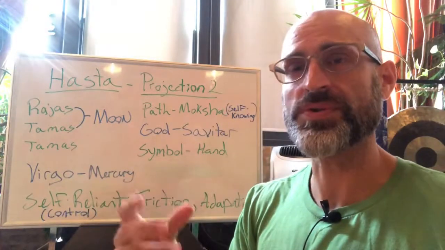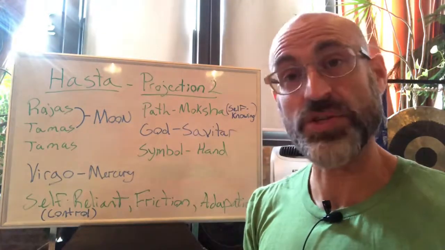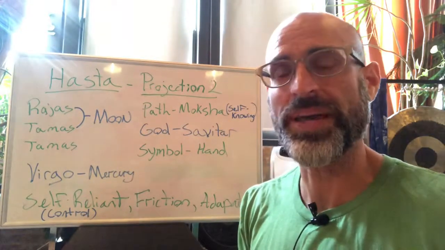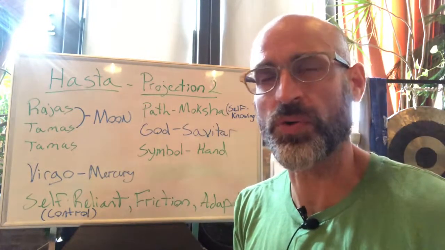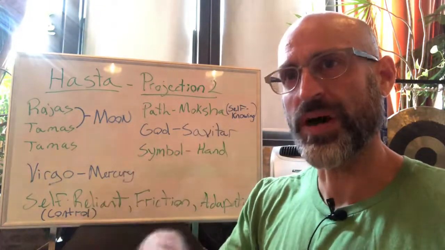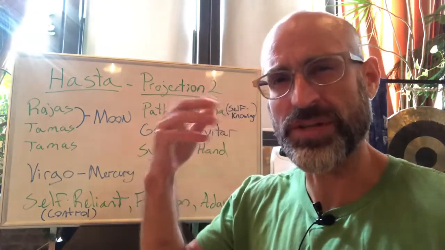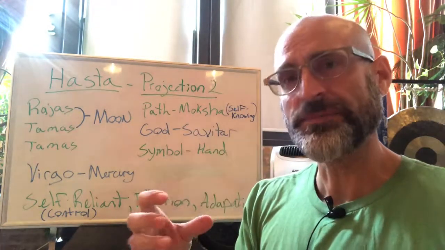So these individuals, at least on a practical level, can be seen out in life as using those hands. You could think about artisans, people who create and build things. But also, on some level, these are counselors, because we're dealing with a lot of Mercury energy here.